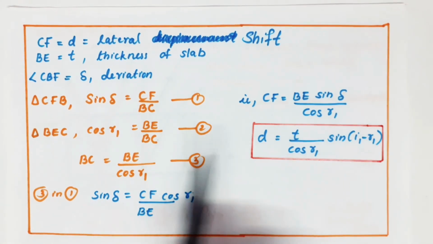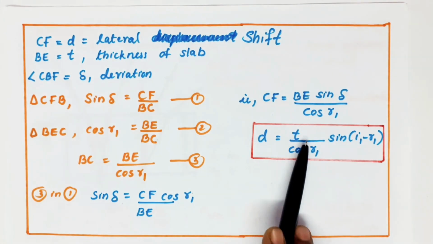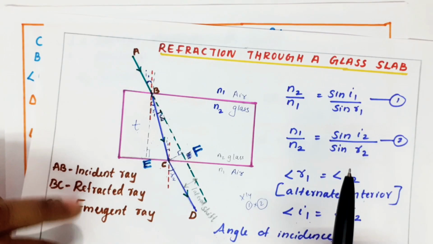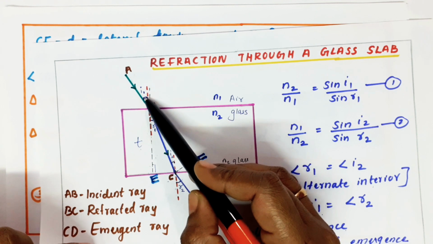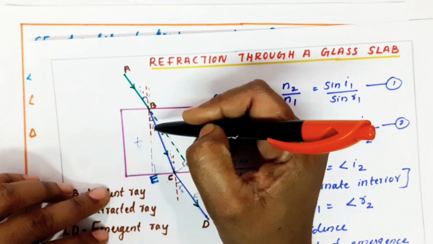Now we have all the values. CF is nothing but d, the lateral shift. BE is nothing but the thickness of the slab t, divided by cos r1, into sin delta. If you see this triangle again, this red one is the normal.